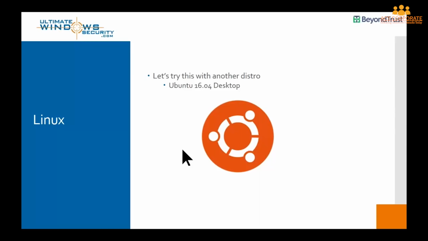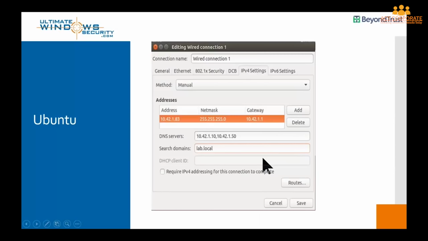And it's amazing how much time can be spent on just those little things that are different. So when we set up this Ubuntu system, we use the GUI to configure our IP addresses, our DNS servers, and our domain name, just like with the last one. So we're starting out with an Ubuntu system that has basic network connectivity to our AD environment.